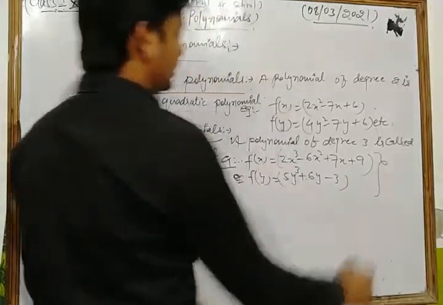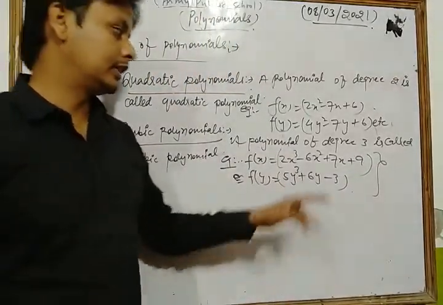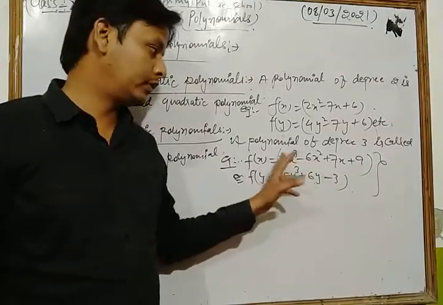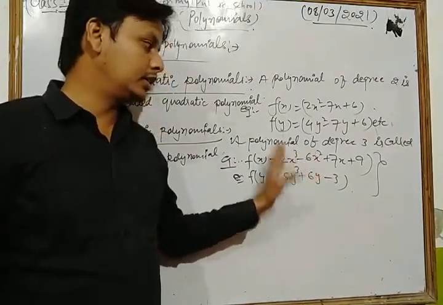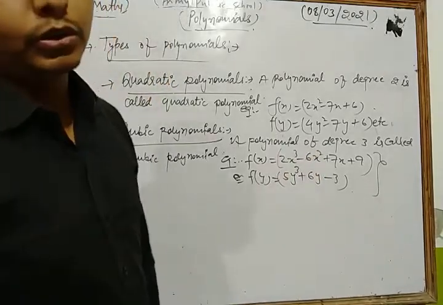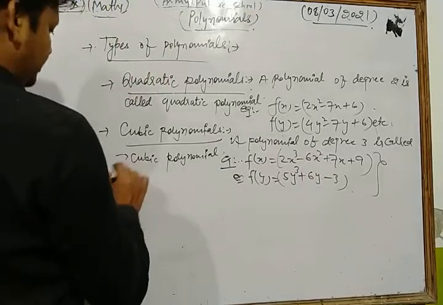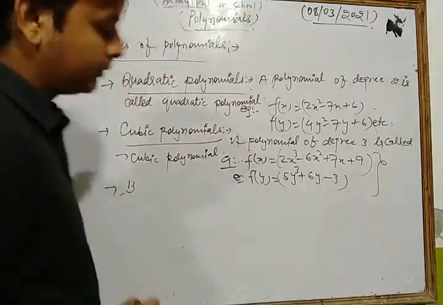These are cubic polynomials, because the highest power of the variable in these polynomials is 3. So it is called a cubic polynomial. Now we are going to discuss the biquadratic polynomial.